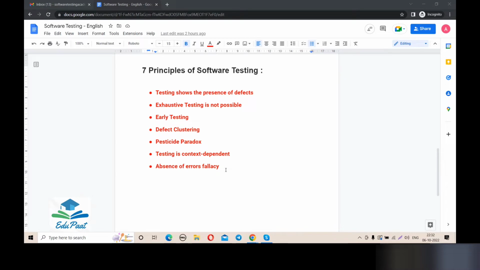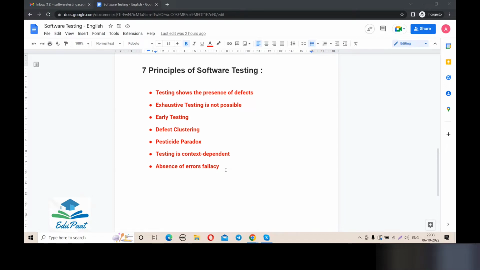Before jumping to the principles of software testing, I just want to let you know what software testing is. As we already know, software testing is a process. In this process, we have to verify and validate the behavior of any application which is under test, right?